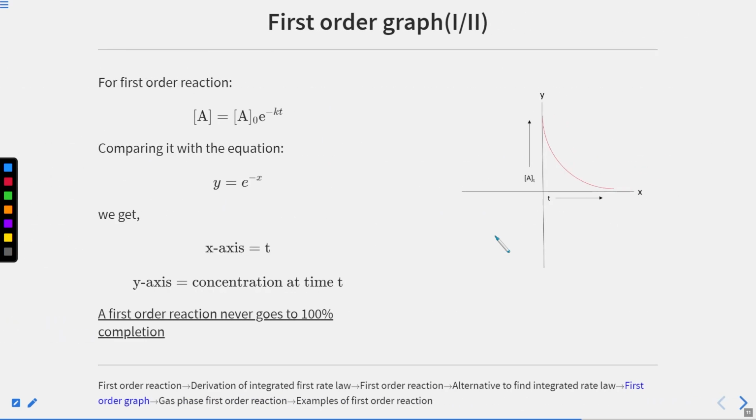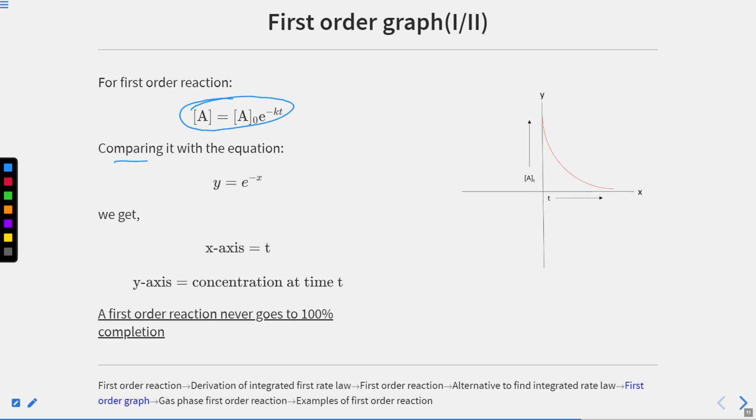Now let us look at the graphs. We have two forms of equation that we have seen. The first one is this: concentration at time t is equal to initial concentration multiplied by exponential to the power minus kt. So it is an exponential graph, no issue, but it is having a negative slope. Due to this, we will have this type of equation.